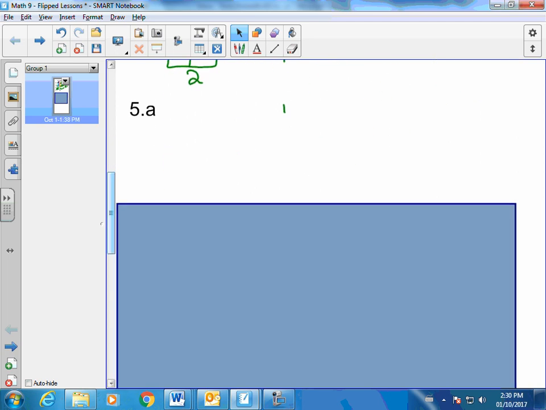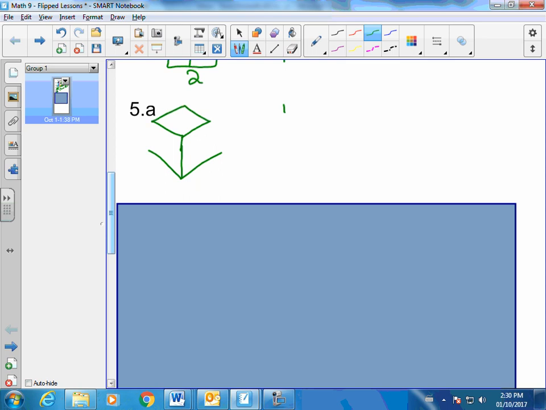So, question 5, we have the similar thing. This is going to be a particularly bad drawing, but okay. So we have a cube. It's again been drawn.